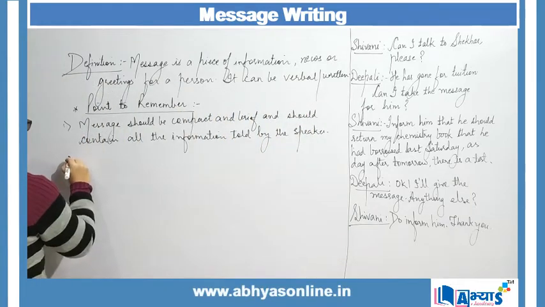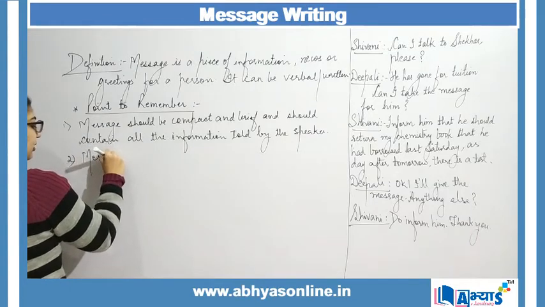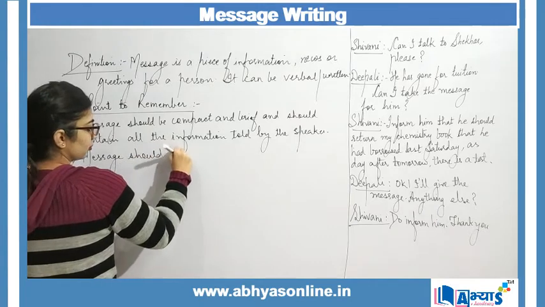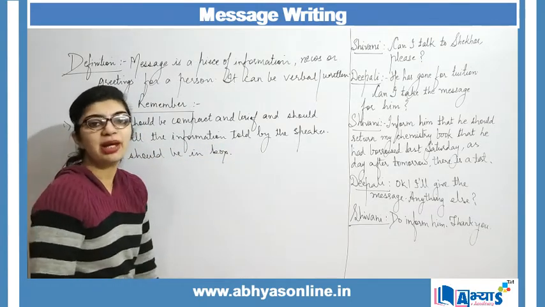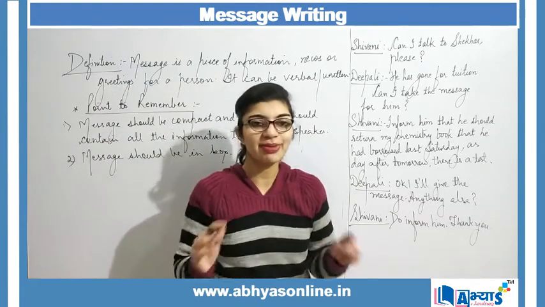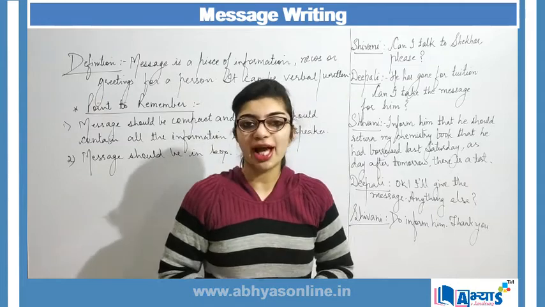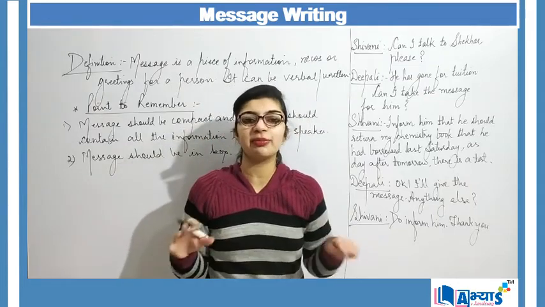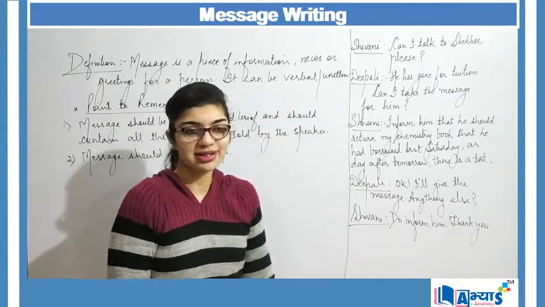This is the first point that you have to remember, that all the information told by the speaker should be there in the message. Then the second important point is that the message should be in a box. Basically, we write a message on a memo slip, right? There's a special paper on which you write a message, but in your examinations, there will be no such paper provided. So in the examination sheet, you have to make a box and then write the message.